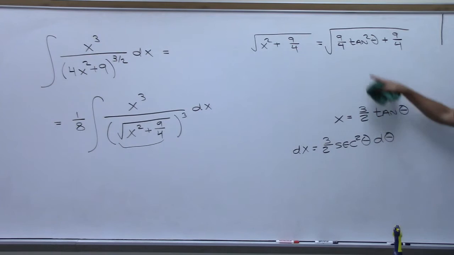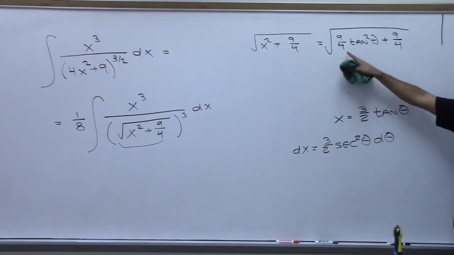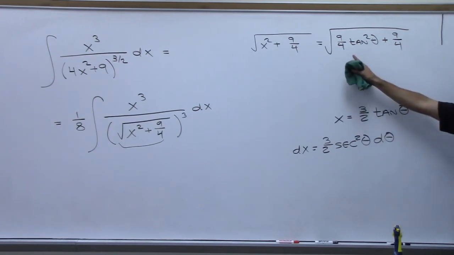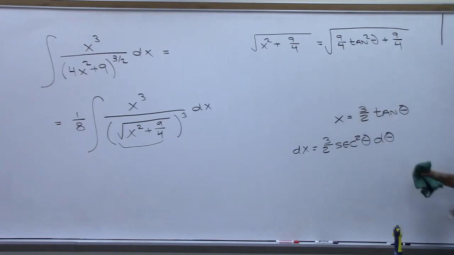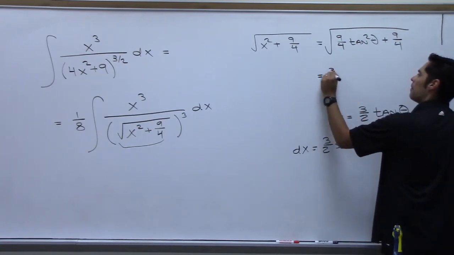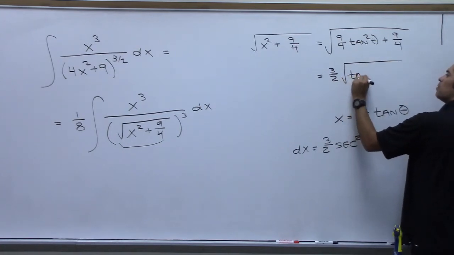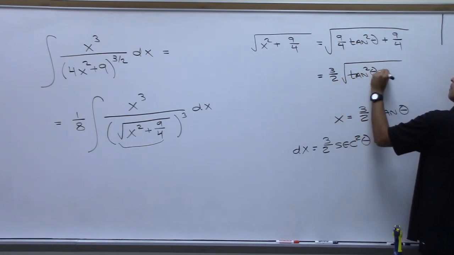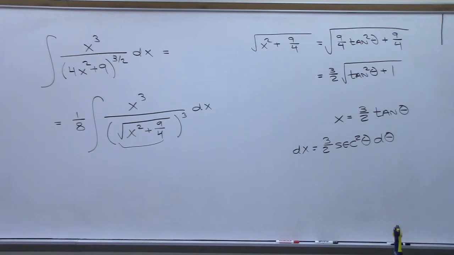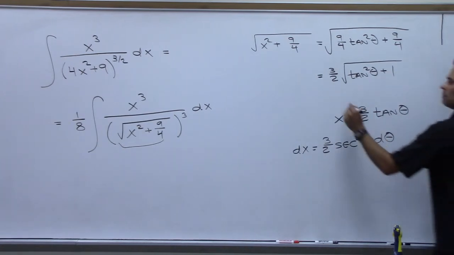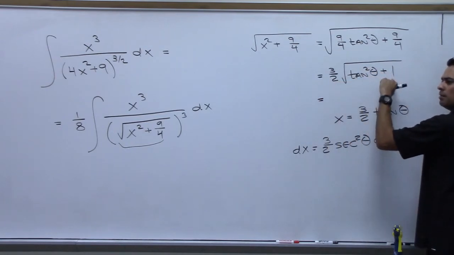So squaring x, what do they both have in common? 9/4, pull that out. Pull out of the root as 3/2. Root tan squared theta plus 1. Tan squared theta plus 1 is really secant squared. Take the square root of secant squared.